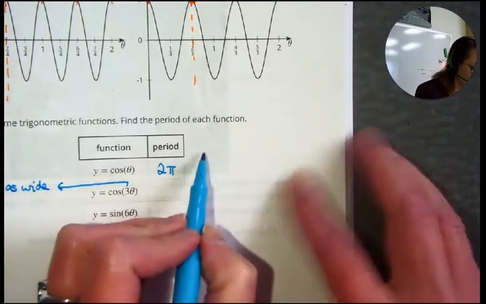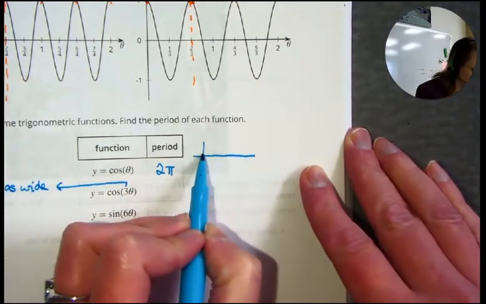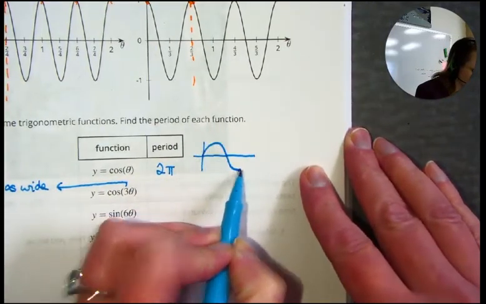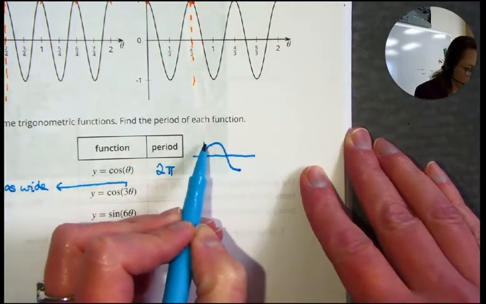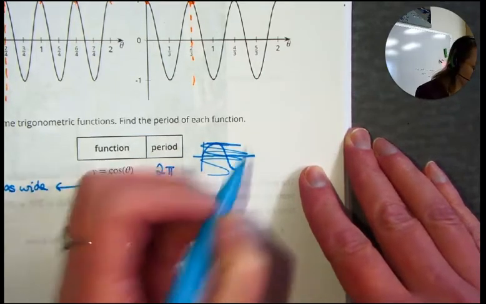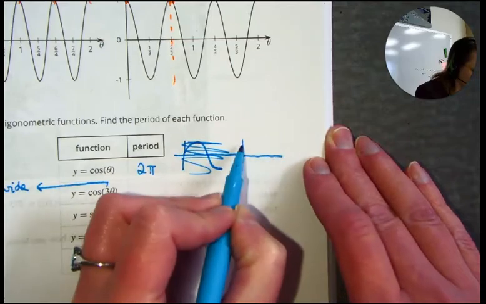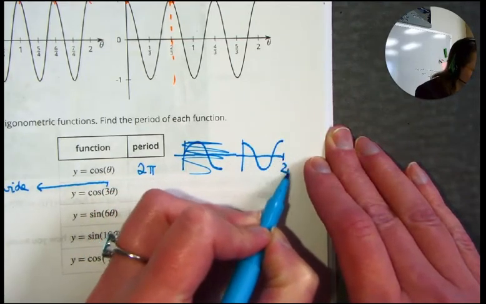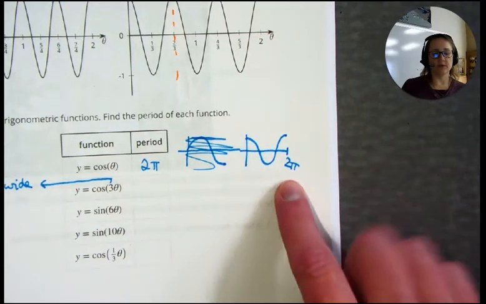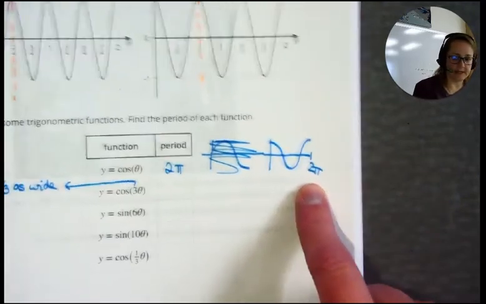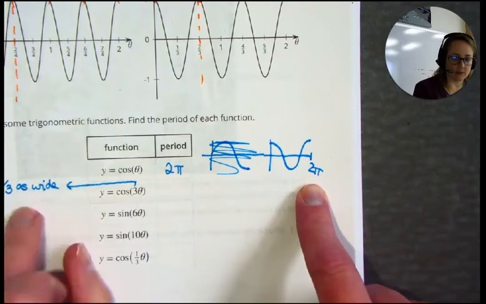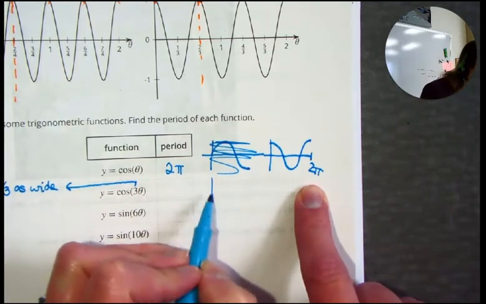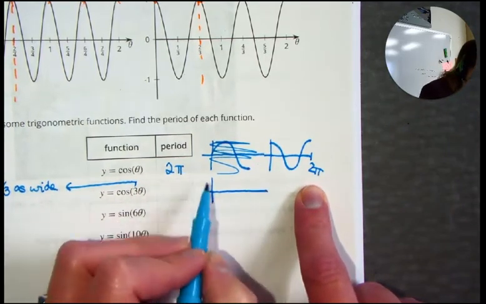So if our normal cosine goes through, that's not a cosine graph, that's a sine graph. Don't draw that. There's our cosine graph. If our cosine graph normally goes through 1 full cycle in 2 pi, this is telling me it's going to go through a single cycle in 1/3 as much space.